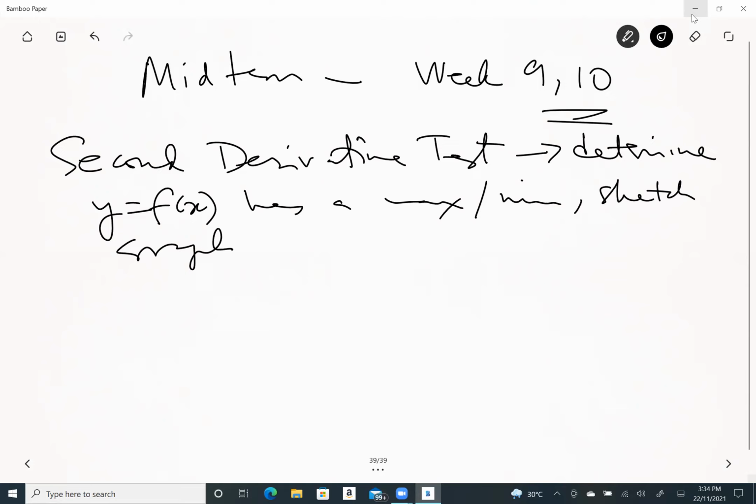Now, before we do that, you have to learn about the second derivative. Now, what is the second derivative? So we go back to the book. We go to 9.8. I think 9.8. Go to 9.8.